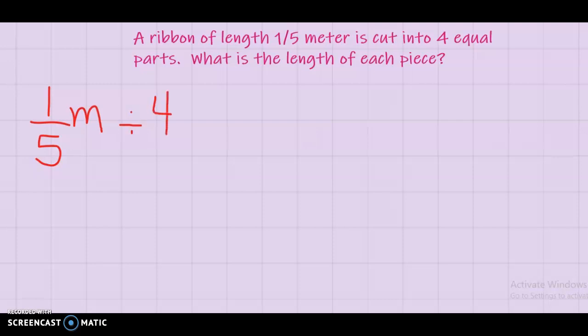So we're going to divide 1/5 meter of the ribbon into 4 equal parts. Now that's the same as saying, when you say 4 equal parts, it is a unit fraction of 1/4 of 1/5 meter.